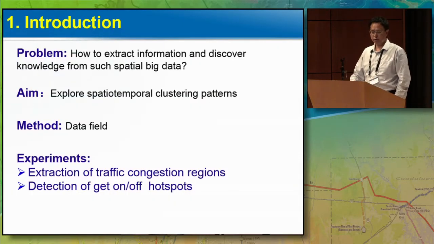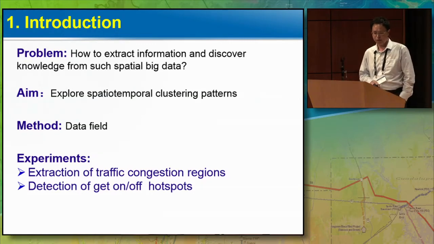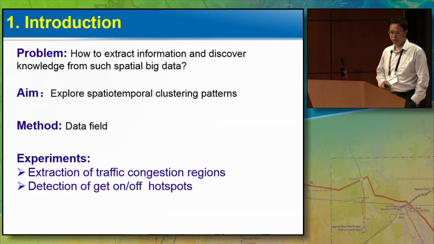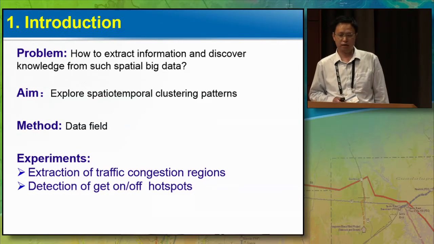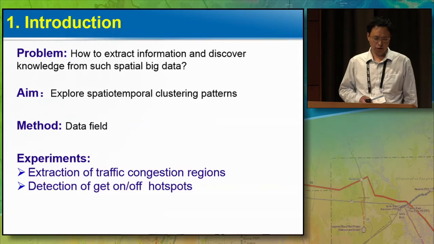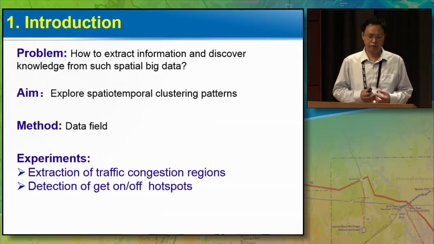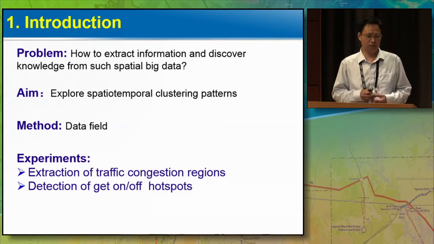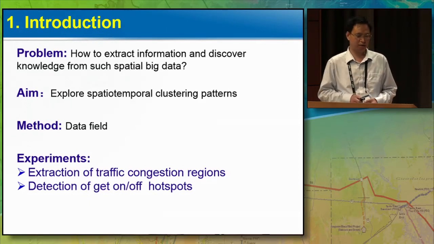For this research, we aim at the problem: how to extract information and discover knowledge from such spatial big data, which can be used for urban planning, urban management, or daily life. Of course, there are many kinds of knowledge we can discover from this data. The research focuses on how to explore spatial temporal clustering patterns.